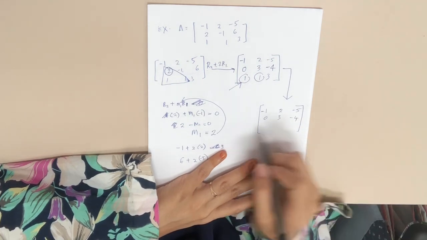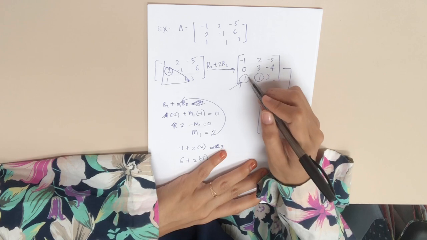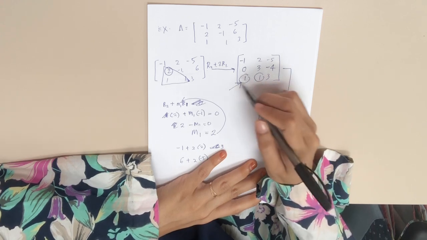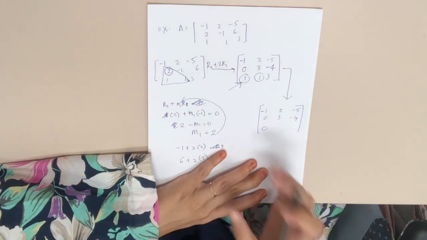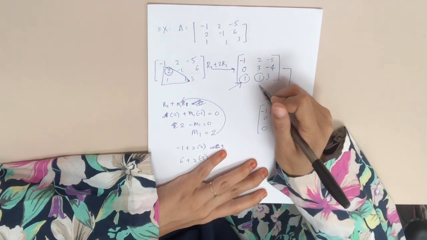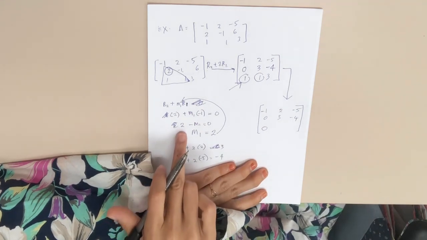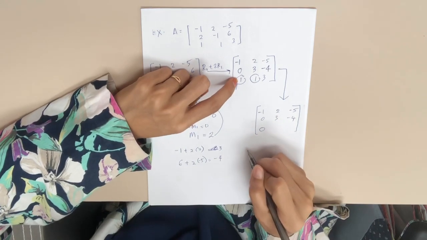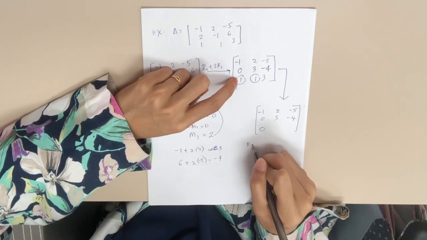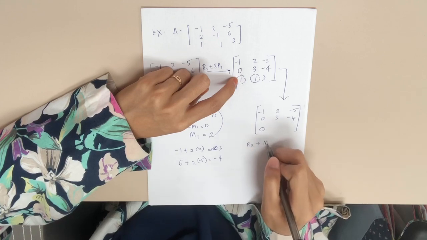Okay. So for row number 3, let's say we want to make this figure become 0. So you can just write directly this one will be 0. So now you do the same thing like we did just now. We want to find out the m. So this number 1 is located at row number 3, and then plus m2.